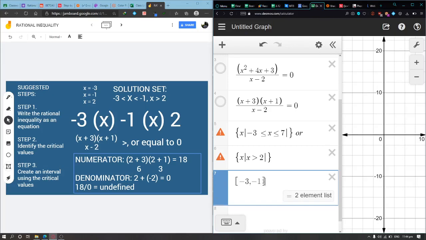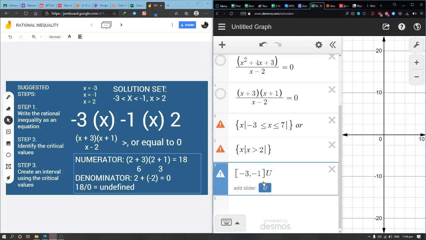Then, we make a union. The meaning of union, if you remember from the Venn diagram, it is a sign wherein sets are being combined together. So, it says here, another, x is greater than 2, meaning 2 is not included, but it can be greater than 2.